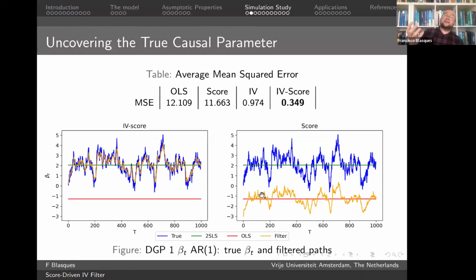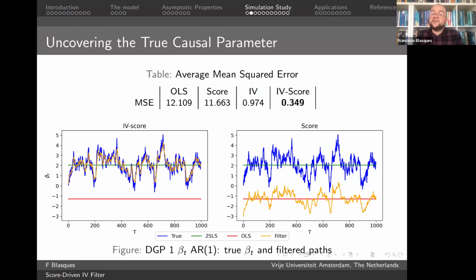But okay, maybe the second thing to note is that if you do score filtering without our IV approach, you would get a time varying parameter, yes, but it fluctuates precisely around that incorrect OLS beta. In some sense, also not surprising if one thinks about it.